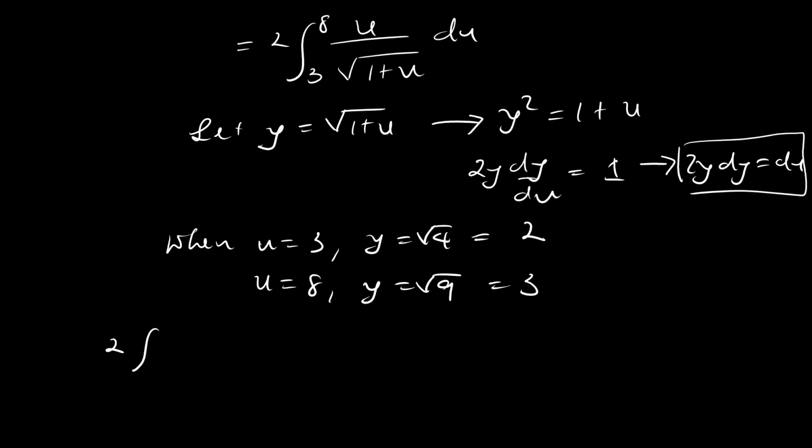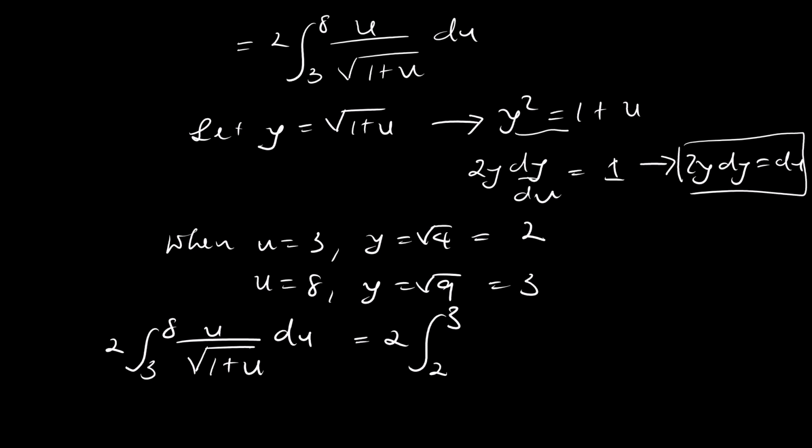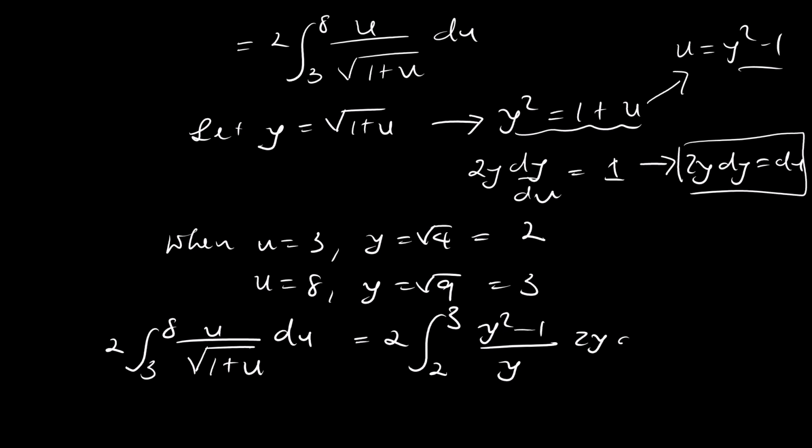So in other words, our problem in the u domain, which is twice the integral from u equals 3 to u equals 8 of u over 1 plus the square root of 1 plus u, is the same as twice the integral from 2 to 3. And since we see here that u is equal to y squared minus 1, we have y squared minus 1 over 1 plus y, times 2y dy.